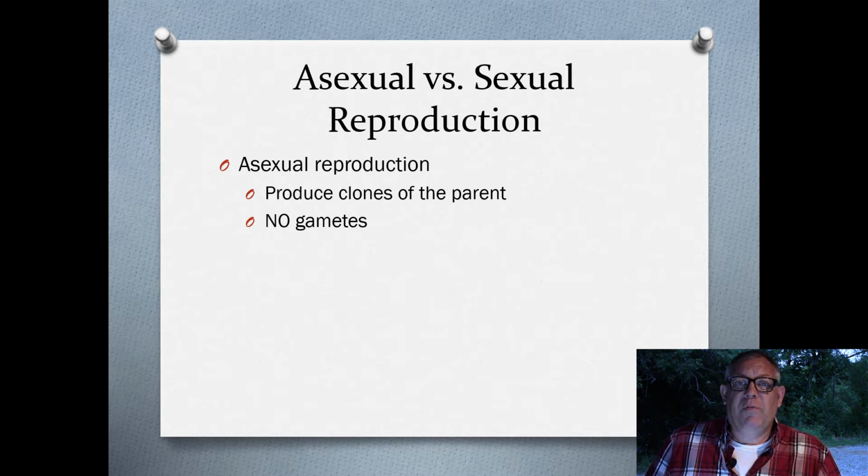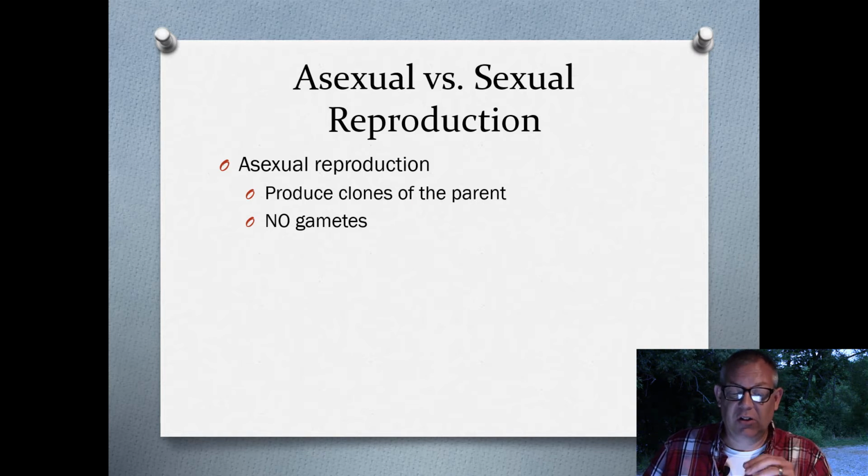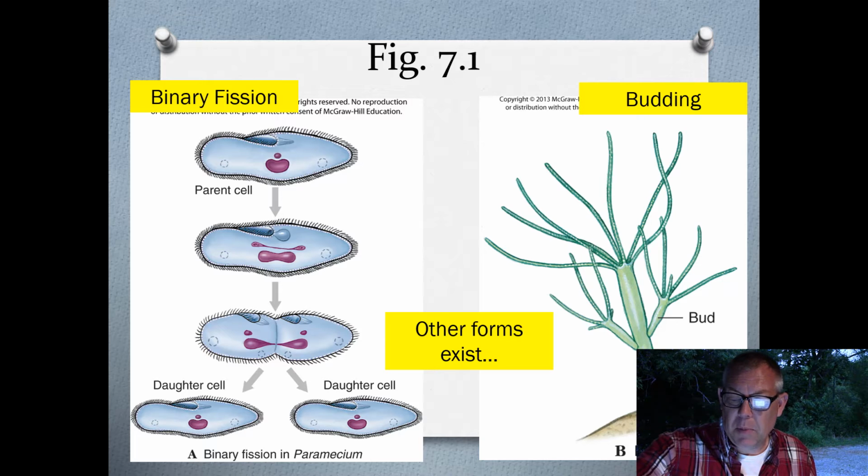And so, we've touched on some of these before. The very basic difference in strategies is asexual versus sexual reproduction, right? Asexual is a clone of the parent, and it does not require the production of gametes. And there are many ways of doing this. We've touched on some, but here's a couple examples from your book.